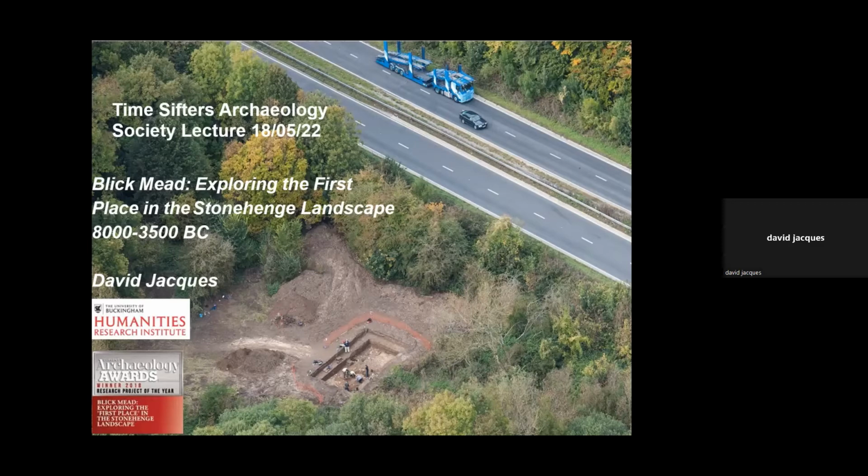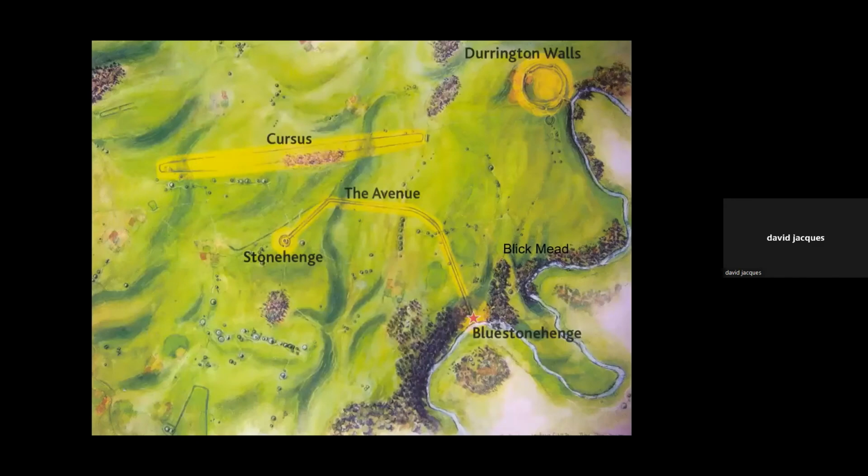So let me get cracking straight away with this. Let me, again thinking about orientating you, get you into this really lovely illustration of the landscape around Stonehenge. You see Stonehenge in the center of the slide, and the avenue leading to it, the enigmatic Cursus monuments running broadly east-west, and Durrington Walls up in the right-hand corner.